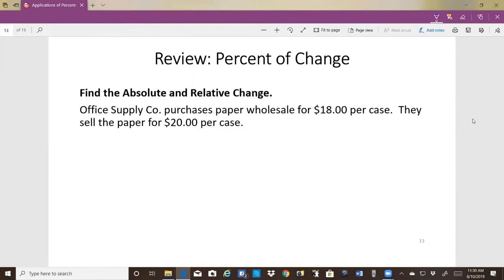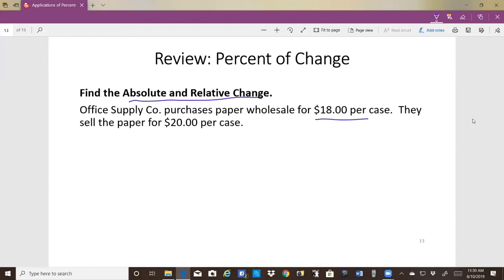Now let's do an example here. You want to find the absolute and relative change. The office supply company purchases paper wholesale for $18 per case, and they sell the paper for $20 per case.